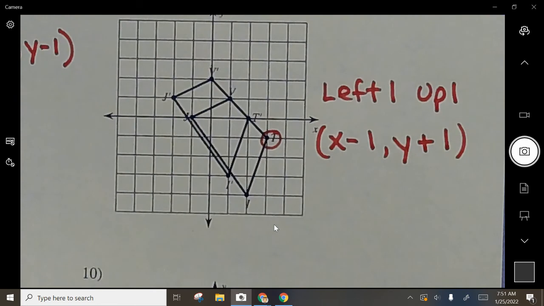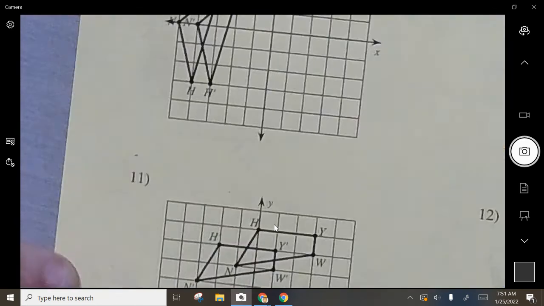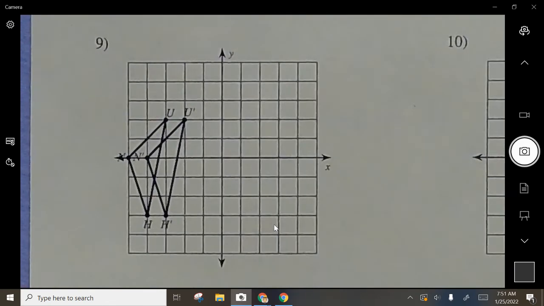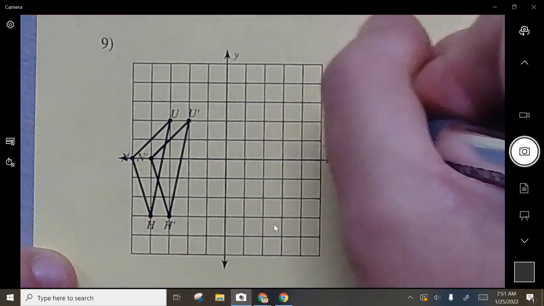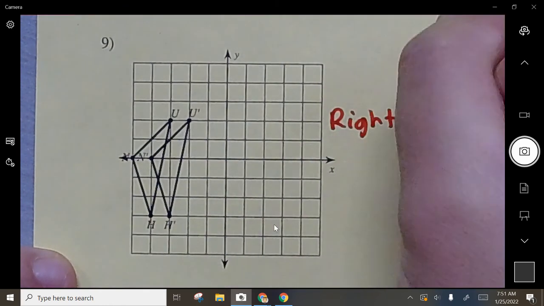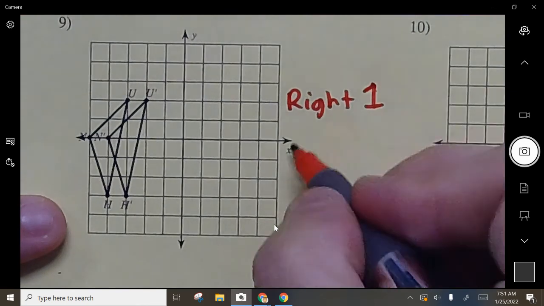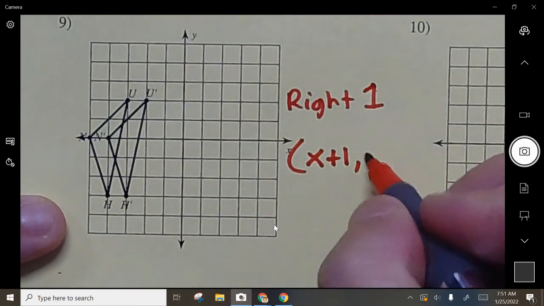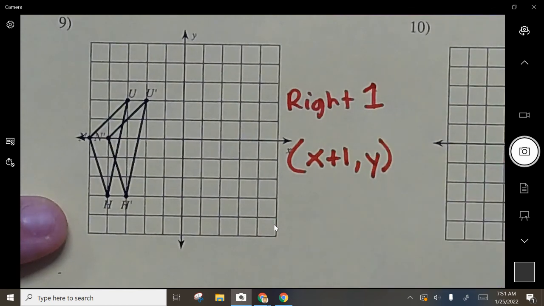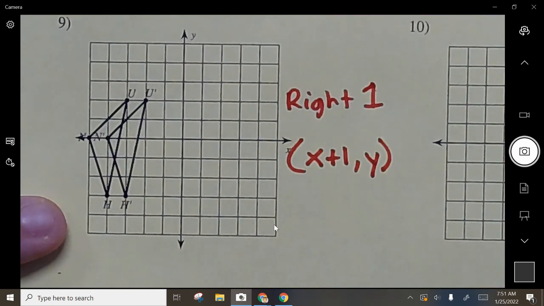You've got to start trying to get the hang of this. A little challenging, I know. How about you? We're only going to the right 1. Only 1. So x plus 1. And what happens to y? Well, nothing happens to y, so you just leave it alone. Okay?